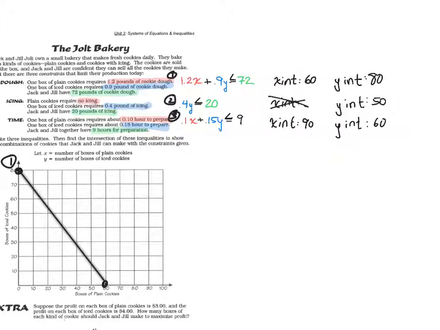The second one is horizontal at 50. That's my equation 2. And the last one is going from an x-intercept of 90 to a y-intercept of 60.